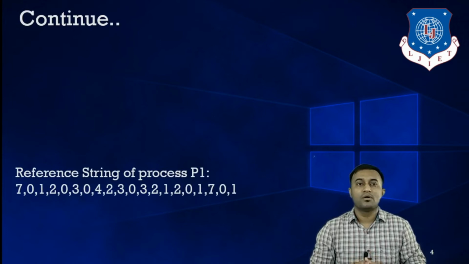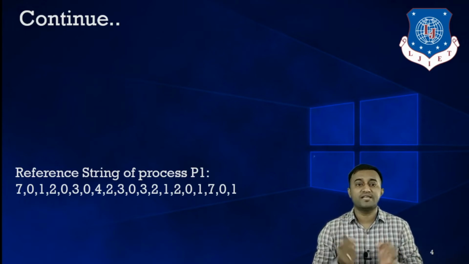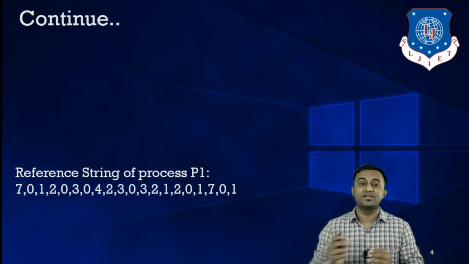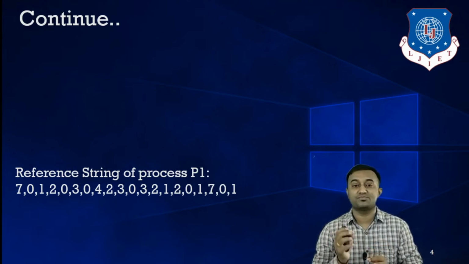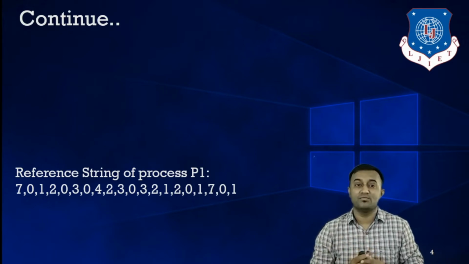As we have discussed, the reference string would be given to you as an input in your examination. The reference string is nothing but a set of pages of a particular process. In this case, we are considering process P1, which contains this set of page numbers.